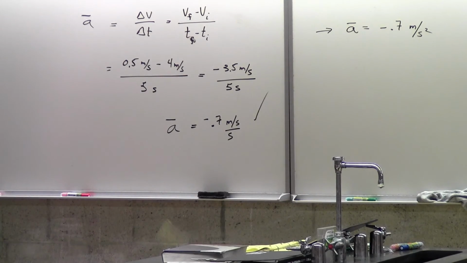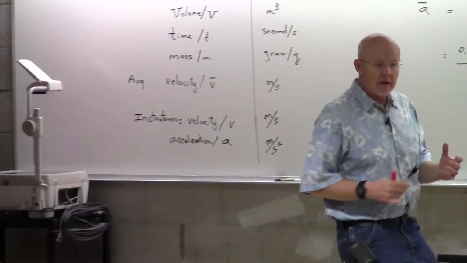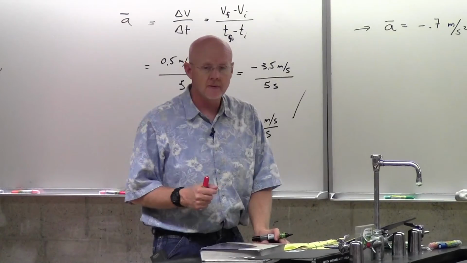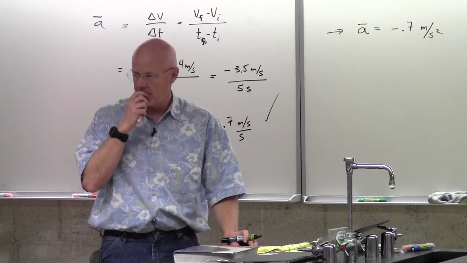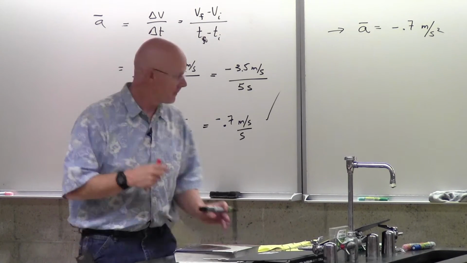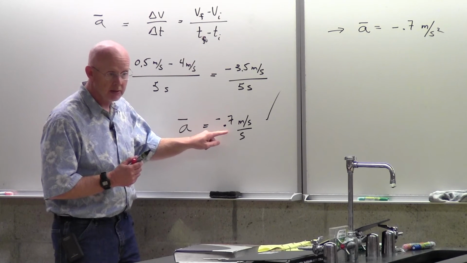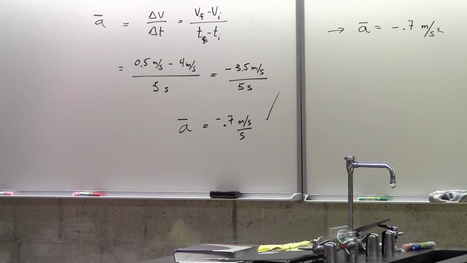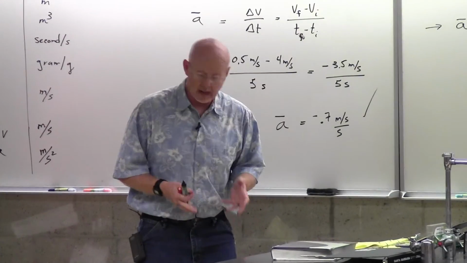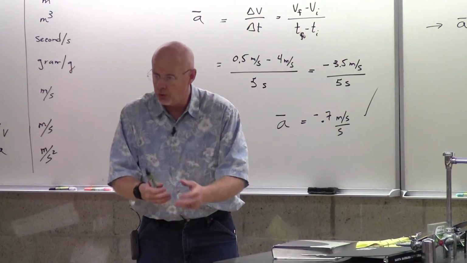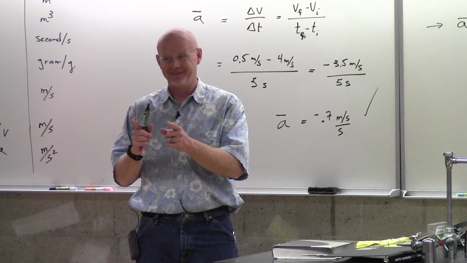And so coming back to this step here, as I described earlier, I'm starting off pretty fast. I'm going at 4 meters per second. But according to this, 1 second later, how fast am I going? Yeah, I should decrease by 0.7 every second. So if I'm starting here at 4 meters per second, a second later, I have now gone down to 3.3 meters per second, at least on average.